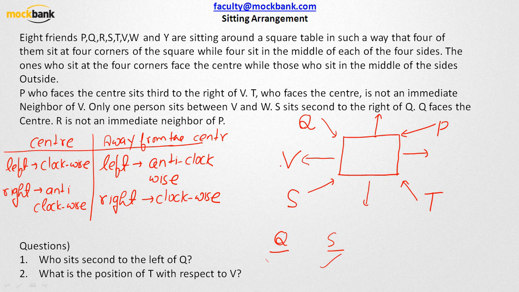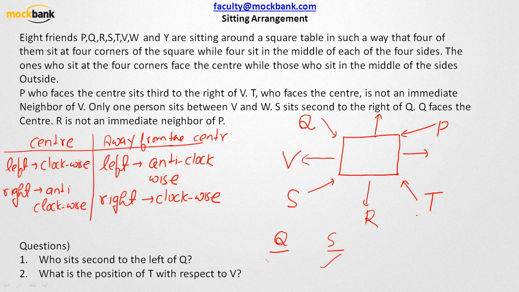Now the moment you get this done, now W could be over here. It also says that Q faces the center, R is not the immediate neighbor of P. If R is not the immediate neighbor of P, these 2 positions cannot be filled by R. Where could R be?